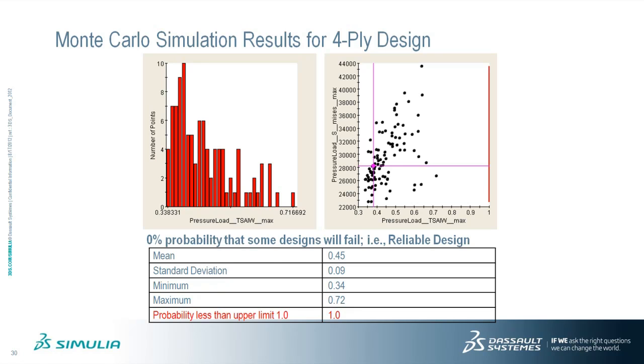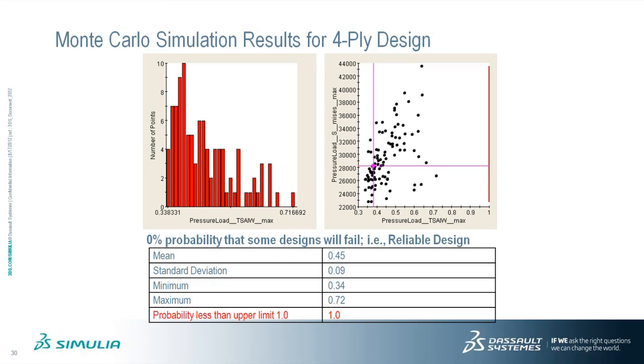So the probability of our design passing that critical limit of 1.0 is 100%. This Monte Carlo simulation results in a 0% probability that some designs are going to fail. In other words, if we make 100 of these composite winglets using the 4-ply design, 100 of them should pass and should survive in the field. So this means we have a very reliable design.